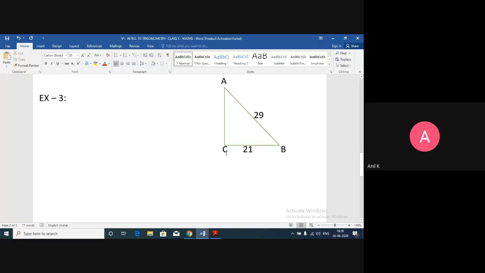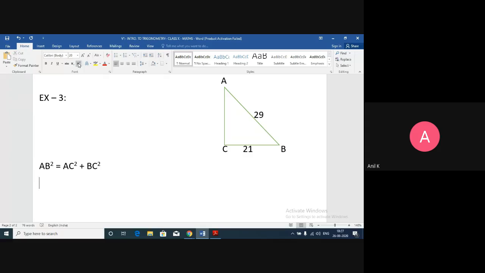So I have to apply the Pythagoras theorem. As per the Pythagoras theorem, hypotenuse square, that is AB square, equals AC square plus BC square.